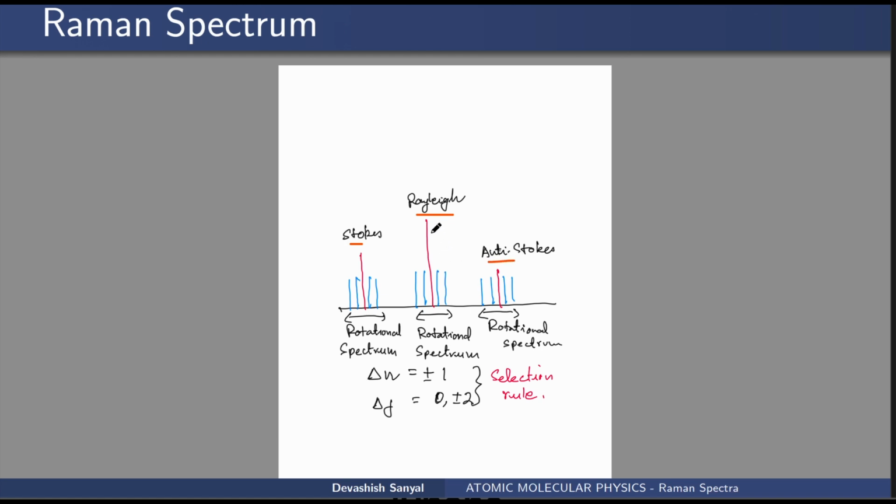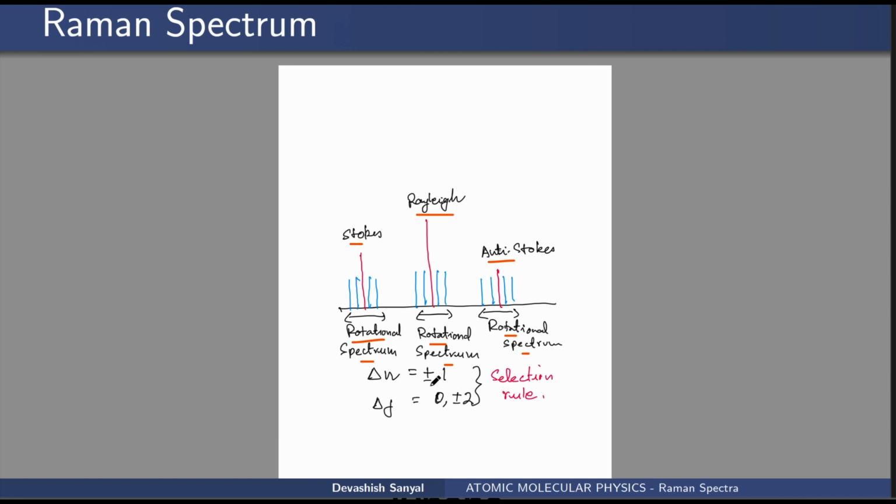Associated with each red line we have even fine structures, which are due to the transitions between the rotational levels of the molecule. These blue lines represent the rotational spectrum. Associated with the Rayleigh line we have a rotational spectrum, and with anti-Stokes also we have a rotational spectrum.